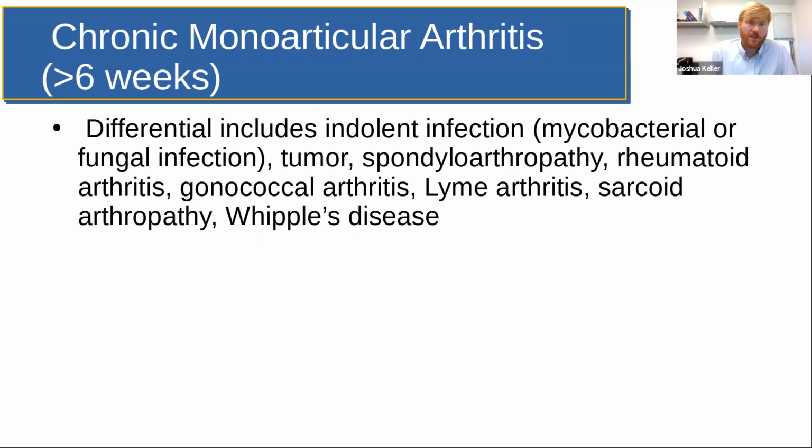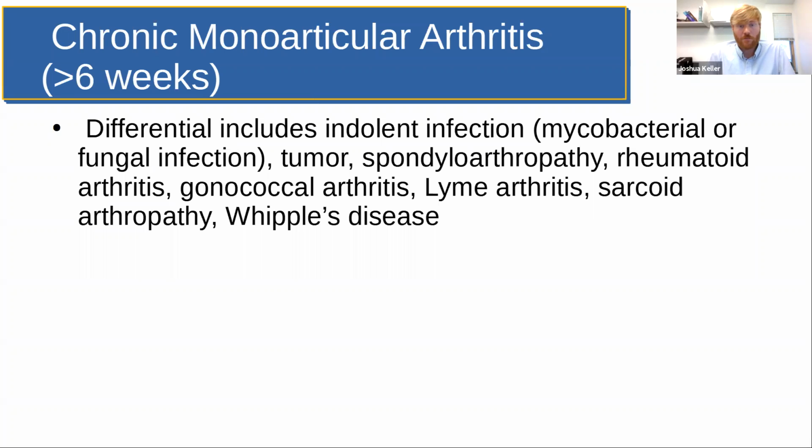With chronic monoarticular arthritis, indolent infection is something we often think about, and we have a really low threshold to get a synovial biopsy to rule that out. Some rheumatologists always get a synovial biopsy. You can send synovial fluid for cultures, but the sensitivity isn't nearly as high as a synovial biopsy. So often we'll send synovial fluid cultures if we can get enough fluid.